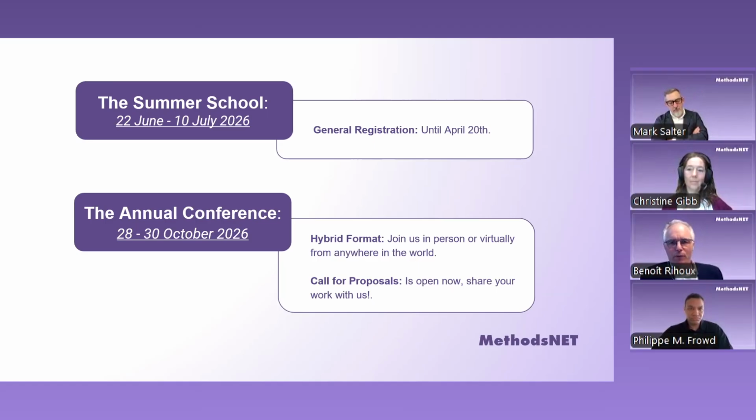You can join us from anywhere in the world, and hopefully also close to Brussels this next autumn. The call is also on until the month of May. Check it out on our website.